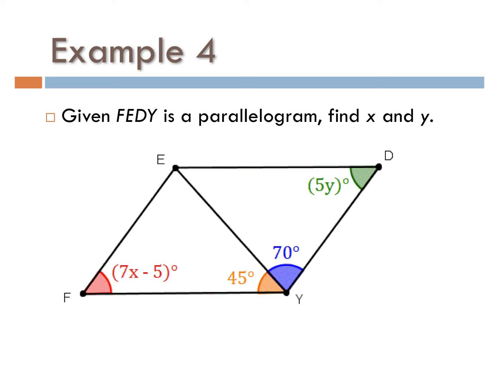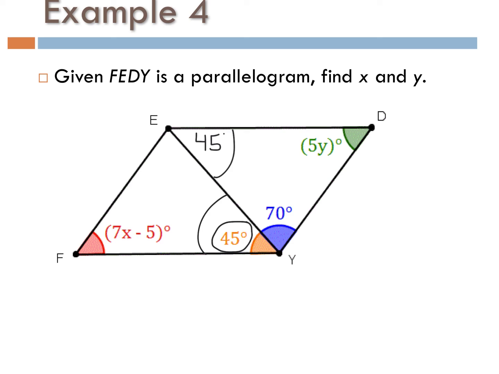All right, so our last example here, given that FEDY is a parallelogram, find x and y. So let's see, a couple different things that we can do here. I know that if this angle is 45, then this angle also is 45, again, because they're alternate interior angles. So I can now do a few different things, and then I also know this one's 70.